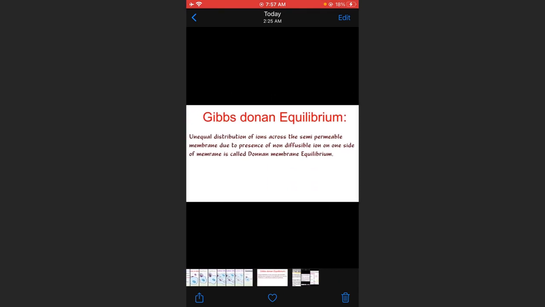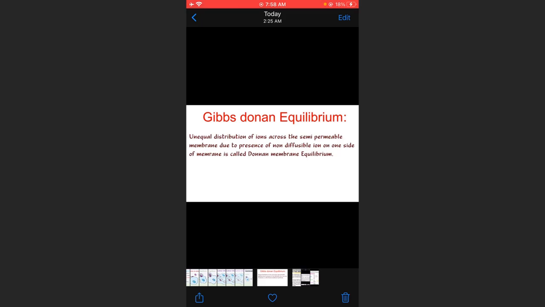Therefore, we study the Gibbs-Donnan membrane equilibrium, and this Gibbs-Donnan equilibrium mainly explains the presence of non-diffusible ions, which are responsible for the maintenance of osmotic pressure across the membrane. Therefore, the cell maintains the homeostatic state of depolarization and repolarization.